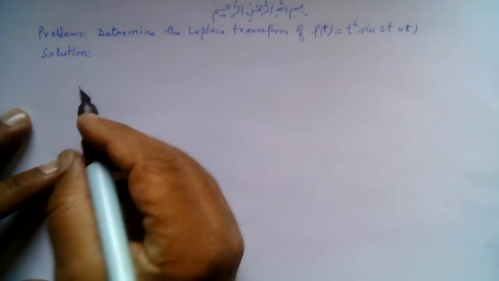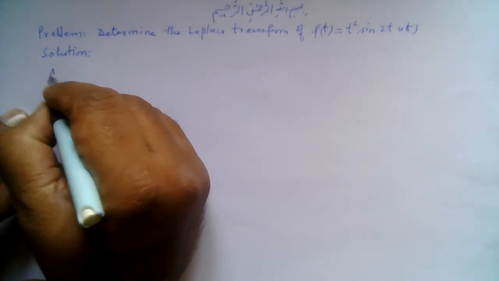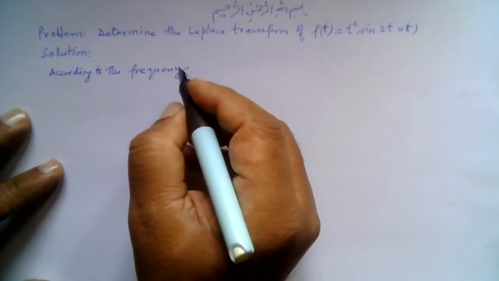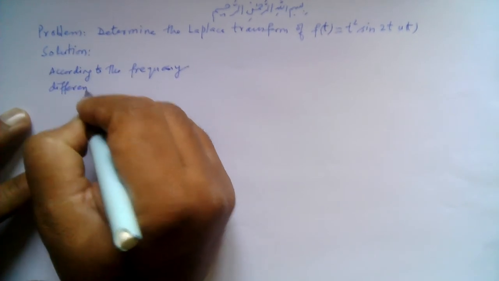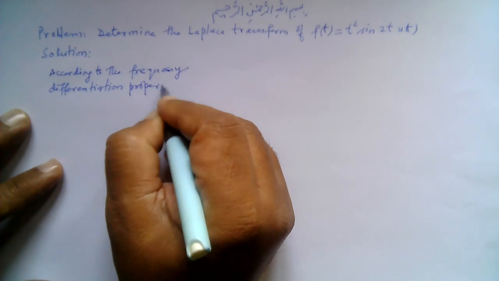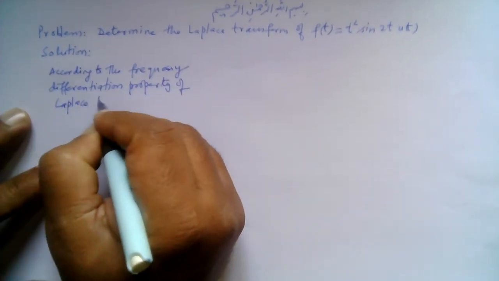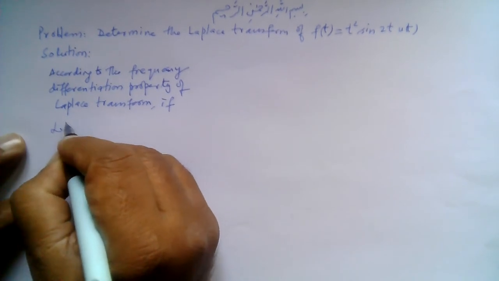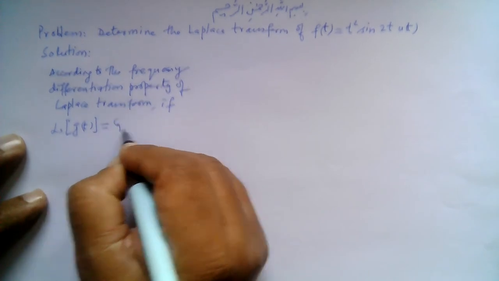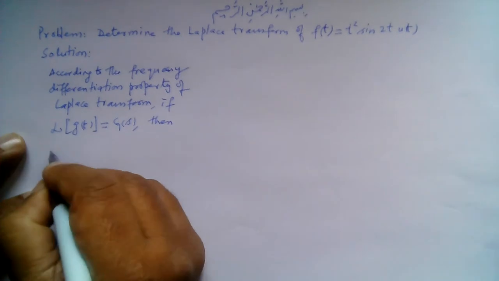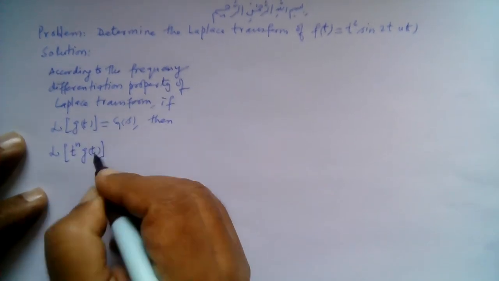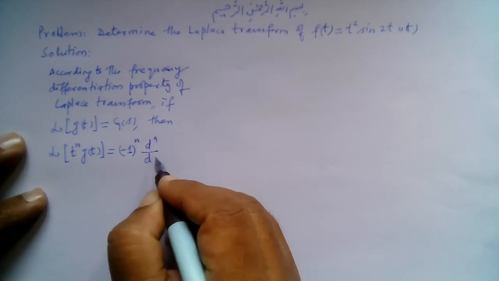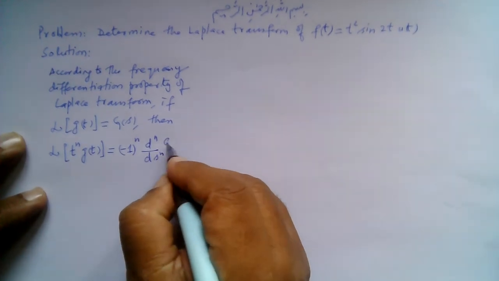So according to the frequency differentiation property of the Laplace transform, if the Laplace transform of a function g(t) is equal to G(s), then the Laplace transform of t^n g(t) is equal to (-1)^n times the nth derivative d^n/ds^n of G(s).